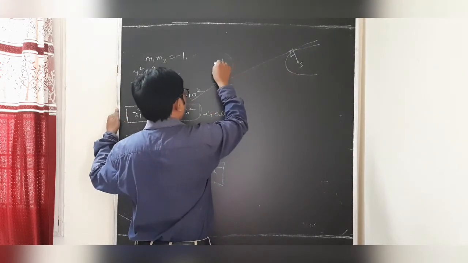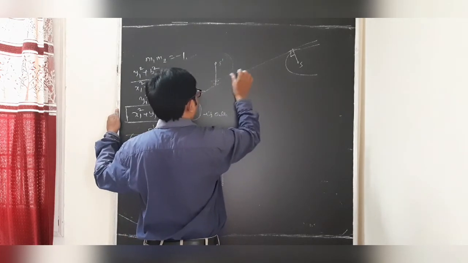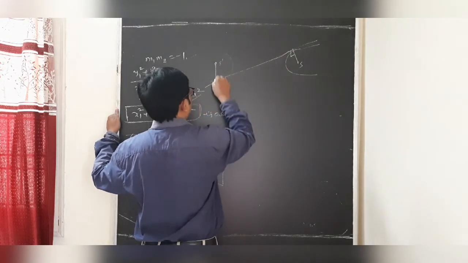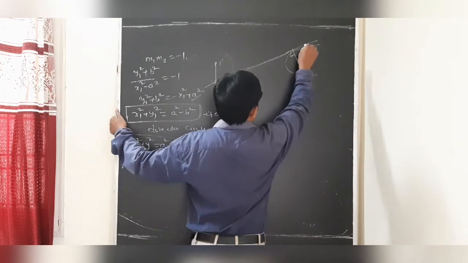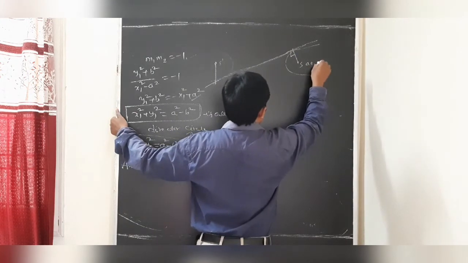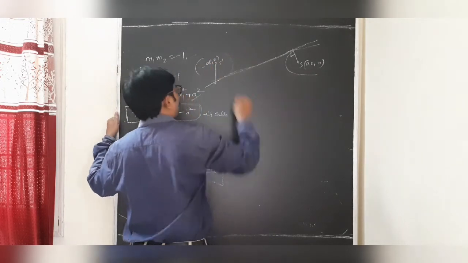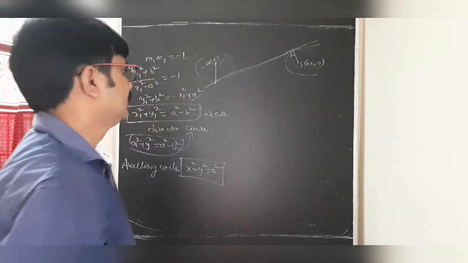When you observe, this is the tangent, and the foci are (ae, 0) and (-ae, 0). Is it clear, students, what we observed here?